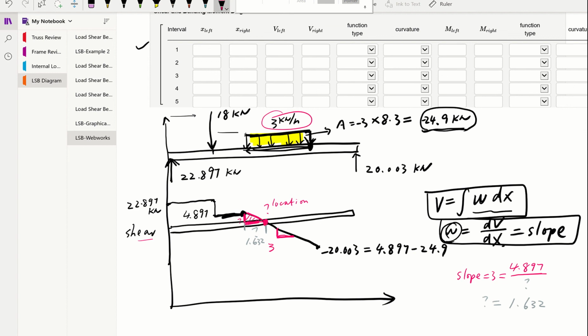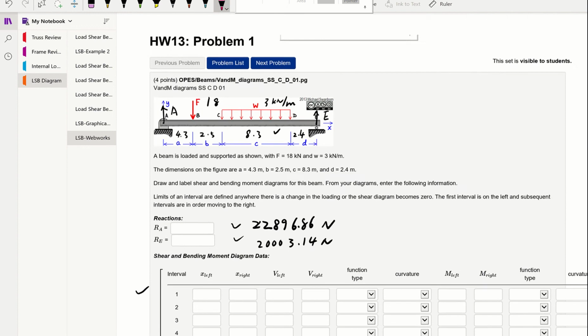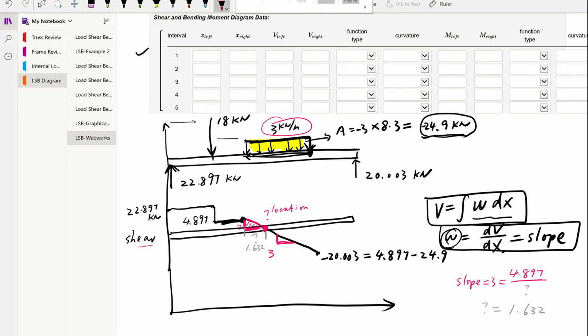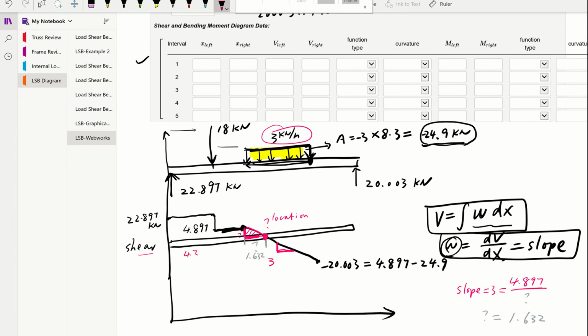Yeah, we do, right? Going back to the geometry here, this is 4.3, this is 2.5, and here is 1.632. So you know this location. That's how we calculated the location here. So move on.